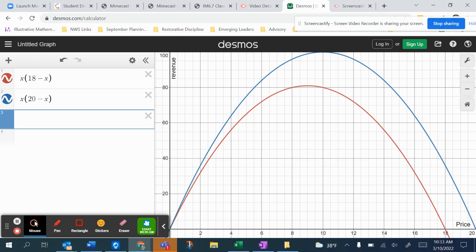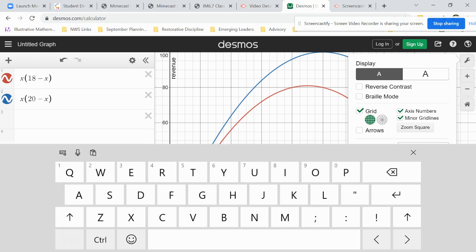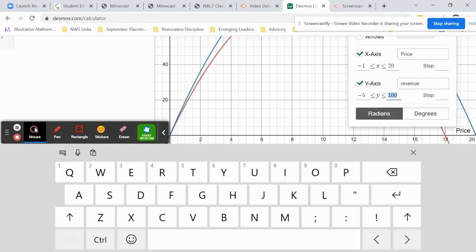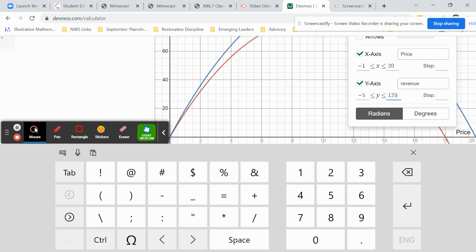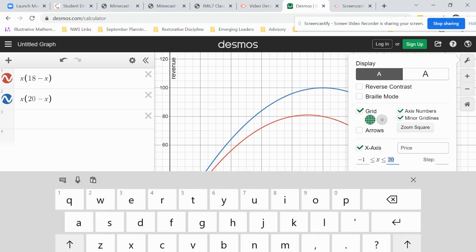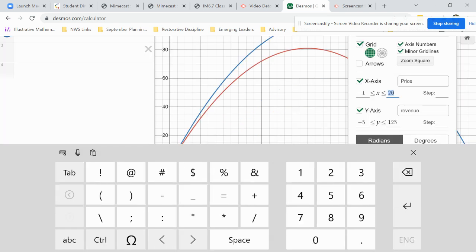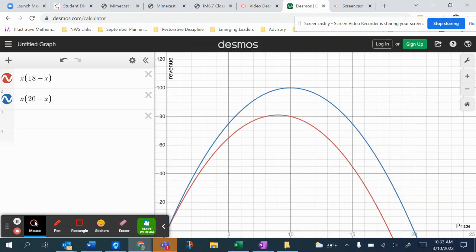It looks like I need my y-axis to go a little higher. Let's go up to 125. I think that'll work. Yeah, that's good. And let's make the x-axis go a little farther, to 25. Yeah, we can really see it.